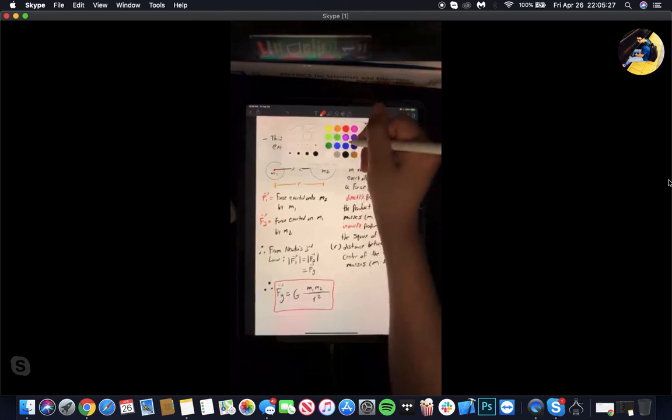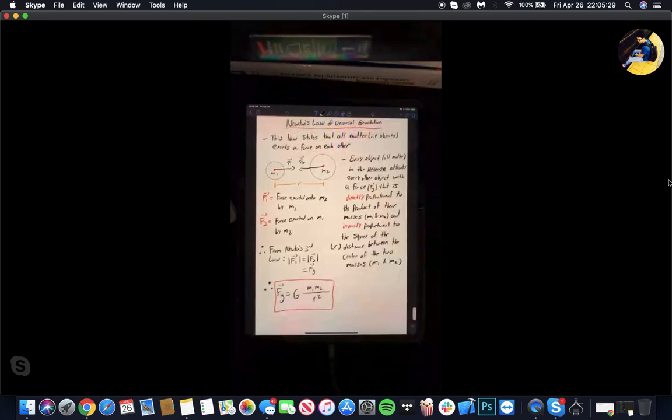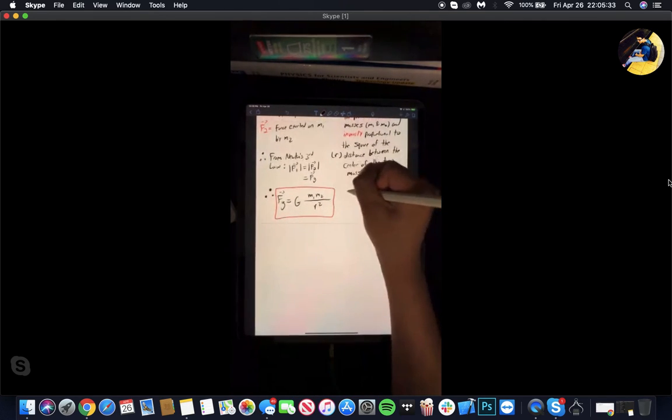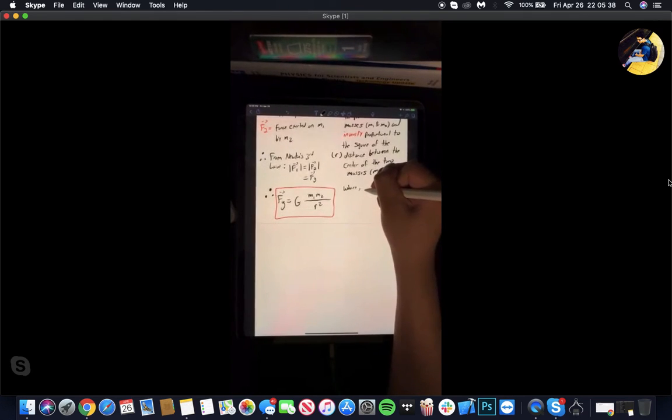Is it 9.8, or is this different? No, that's not little g, that's big G. So here, I'm going to explain it. F_G equals the gravitational force.